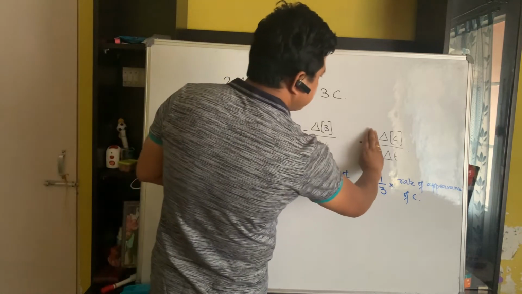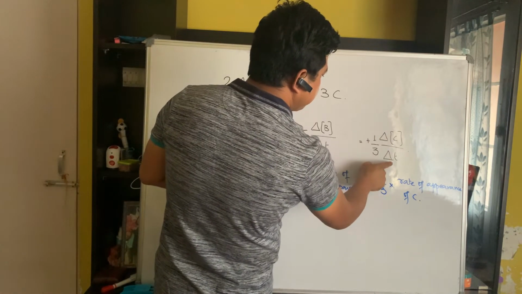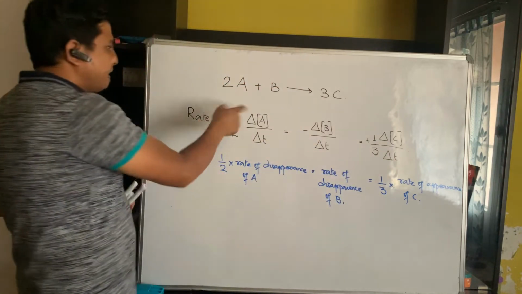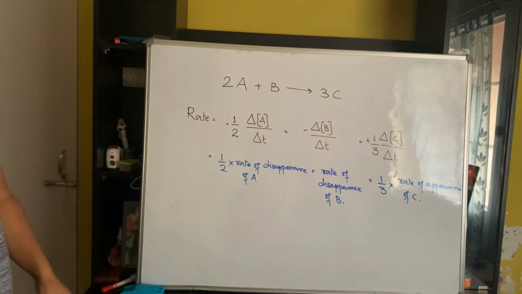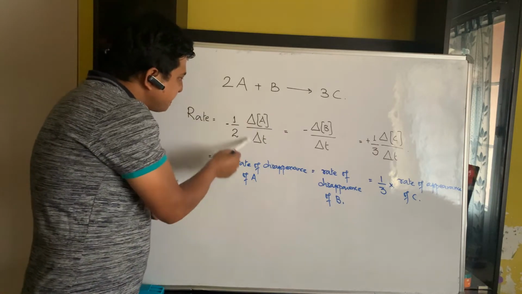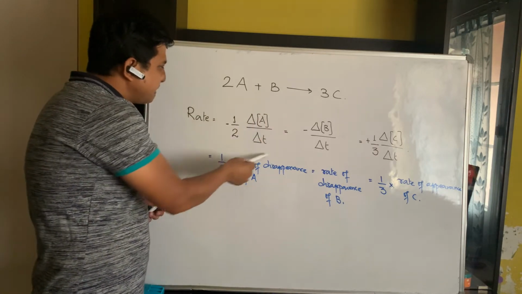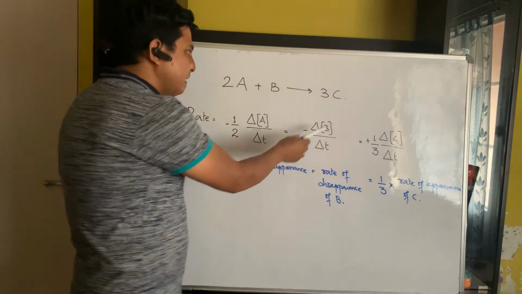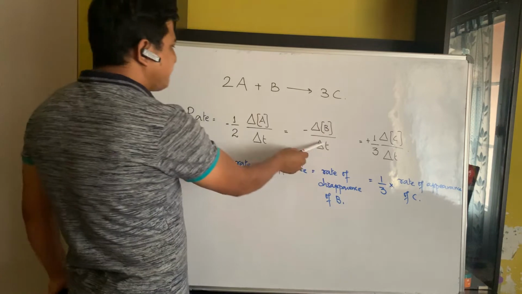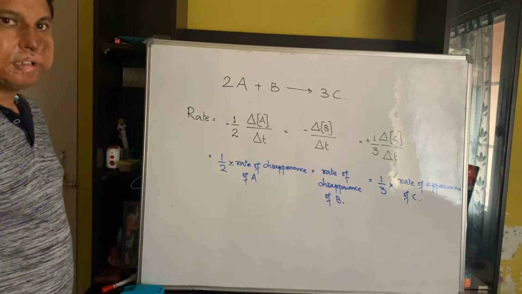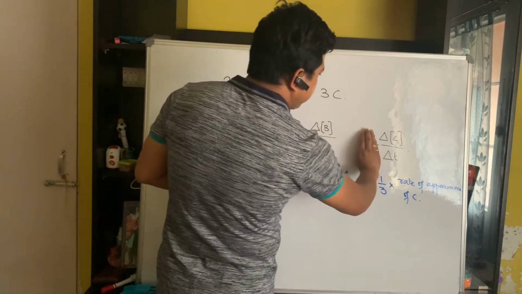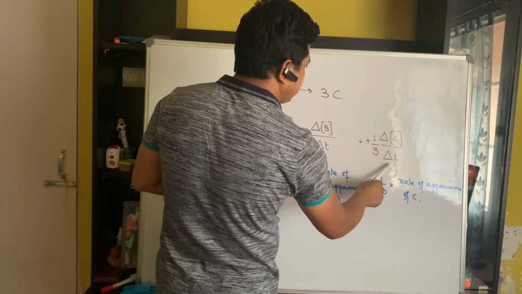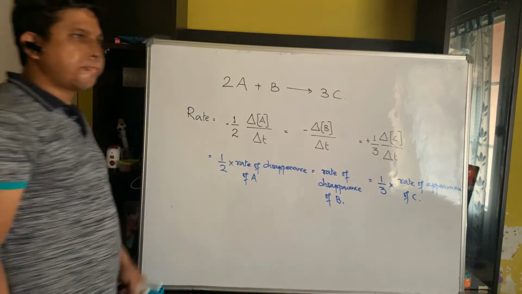And plus del C by del T represents the rate of appearance of C, and 1 by 3 del C by del T is equal to the rate of a reaction.